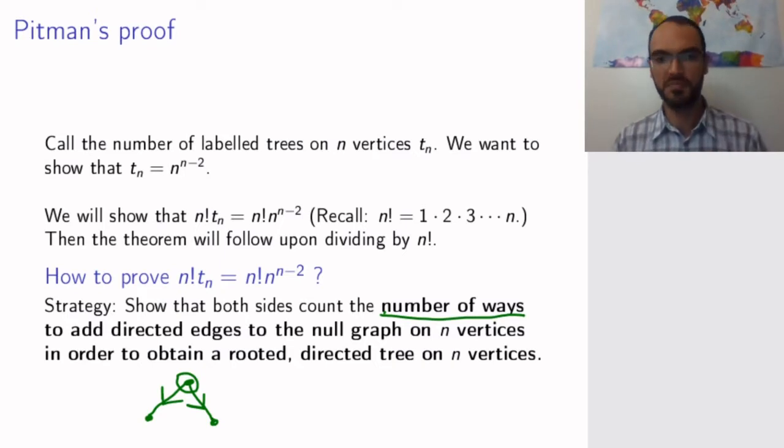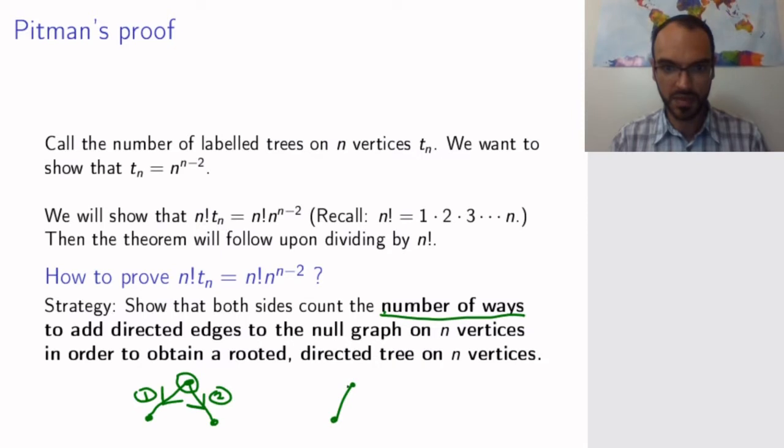One more thing to remember is that we're not counting the number of these actual trees. We're counting the number of ways of building them. So what I did here, I put this edge first and then this edge second. That would be different from putting this edge first and this edge second.